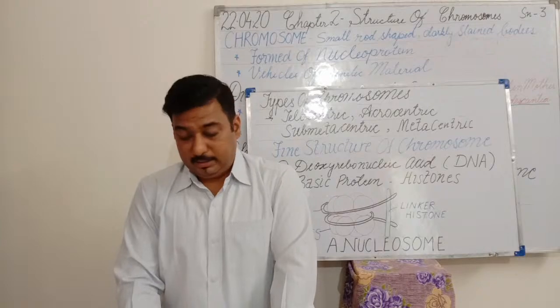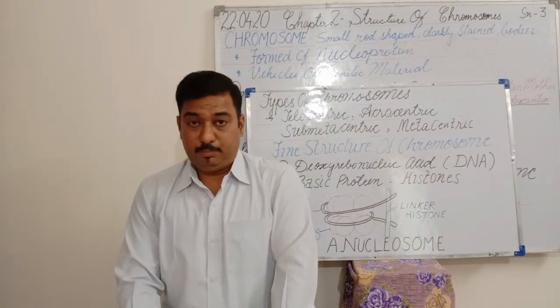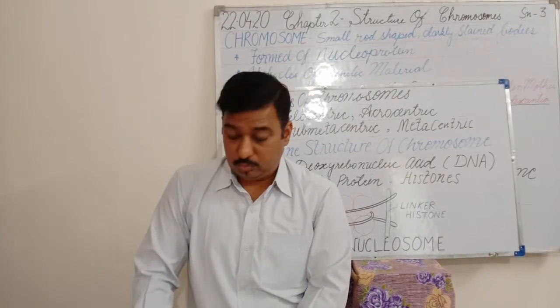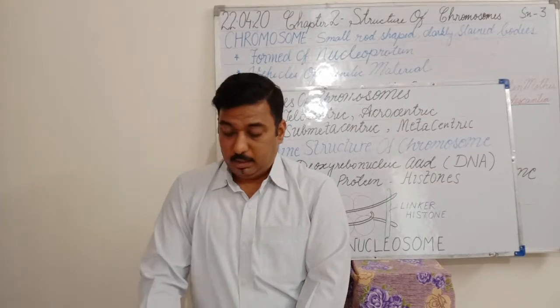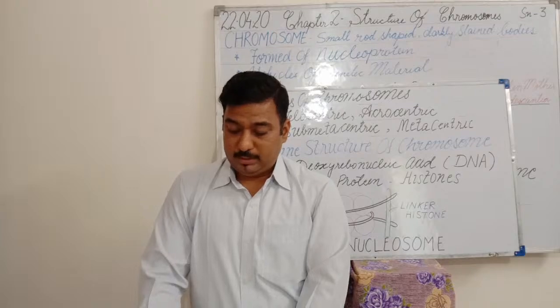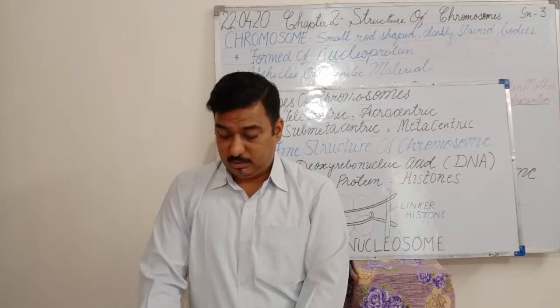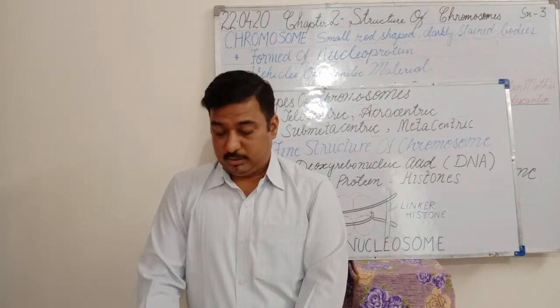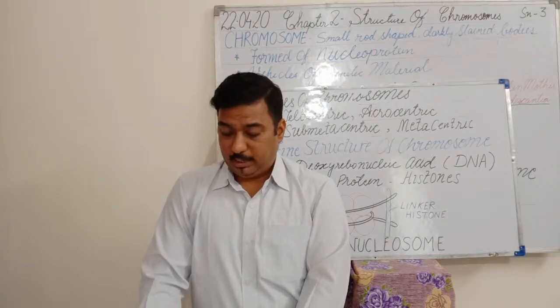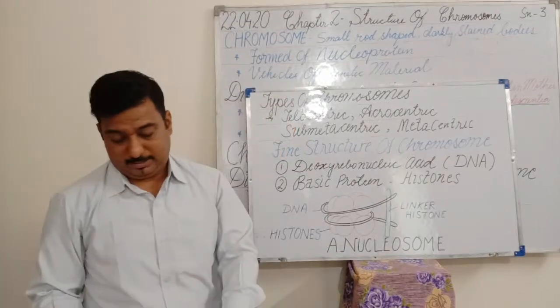Each nucleotide is composed of 3 components. What are the 3 components? Namely a nitrogenous base, a molecule of pentose sugar, that is the deoxyribose form, and a molecule of phosphate. Let's see the structure.